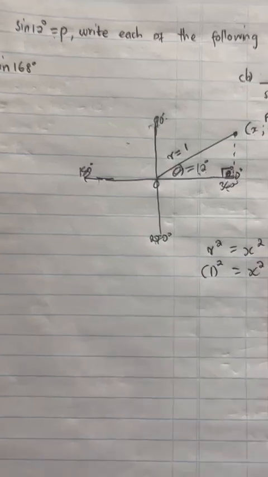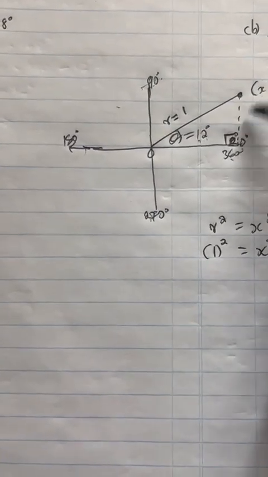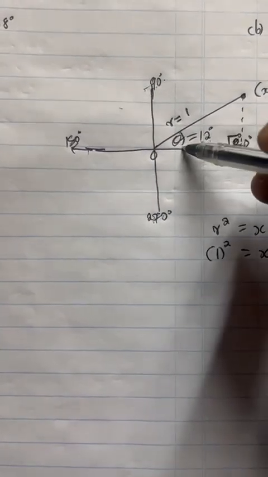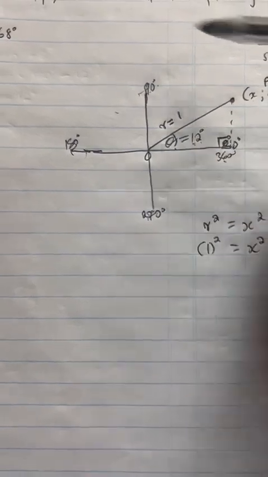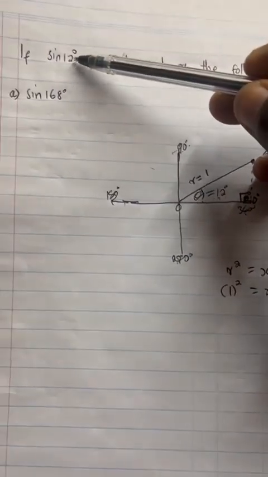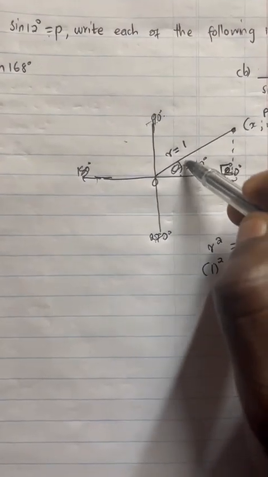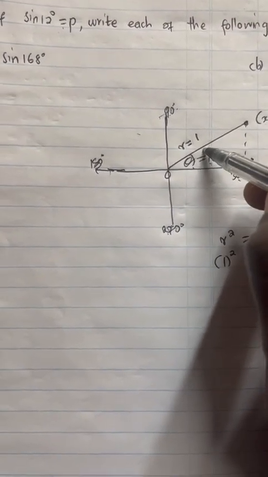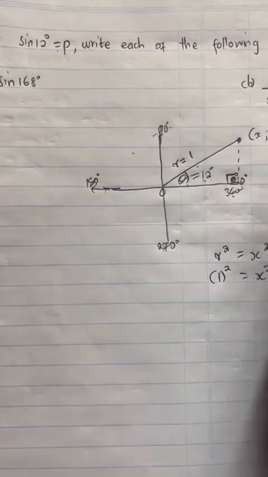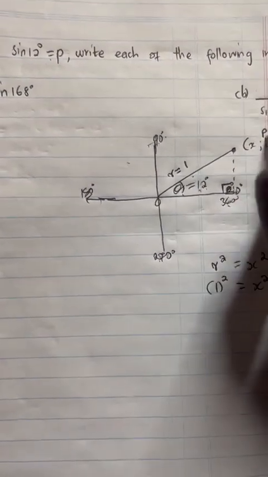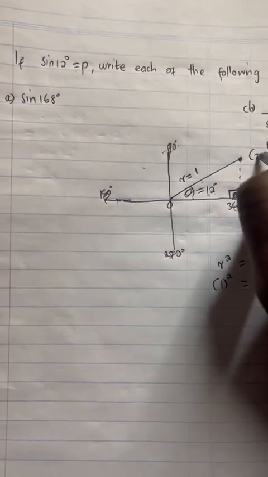So on this triangle, I have my angle. From the given problem, it says sine 12 equals p. So it means sine at 12 degrees, only at 12 degrees, it has p and x.